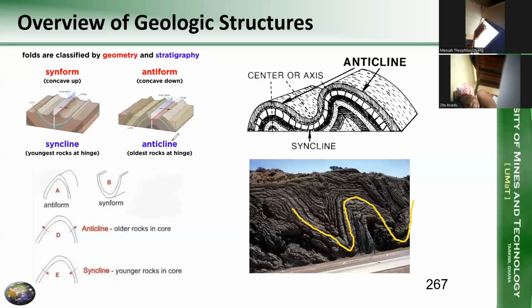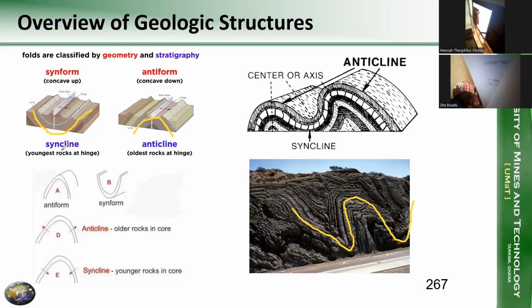When we talk about synform and antiform, in this case we are looking at the shape of the fold. So this shape gives us an antiform, and the U shape gives us a synform. Alternatively, we can say anticline or syncline if we are considering the ages of the rocks.